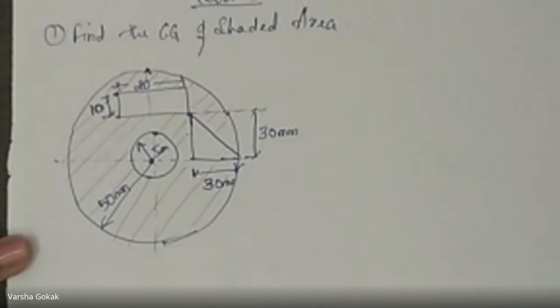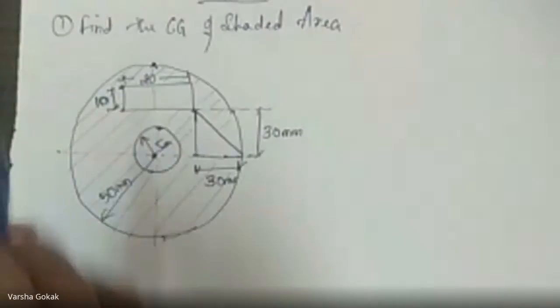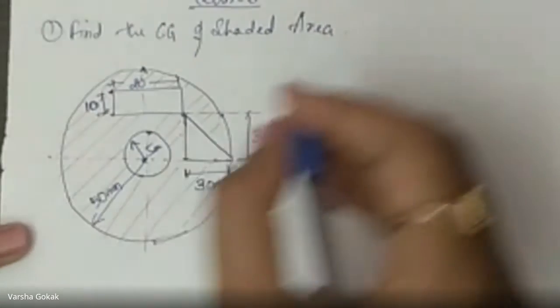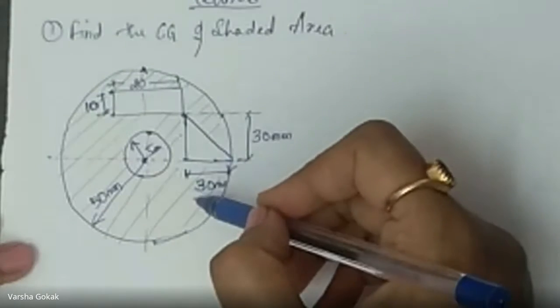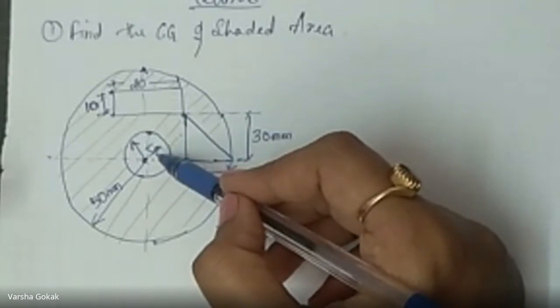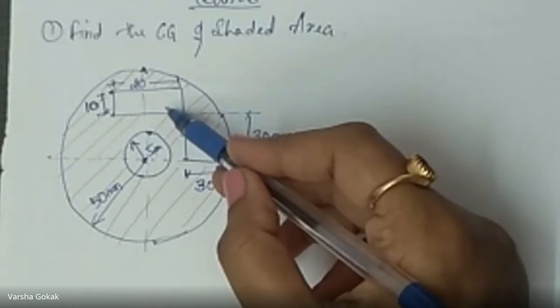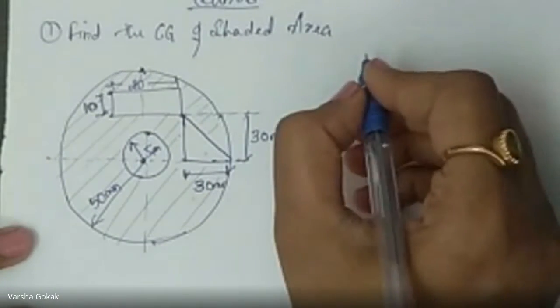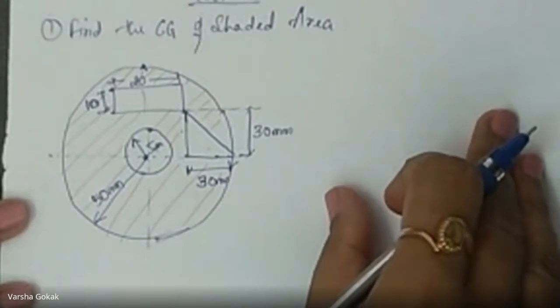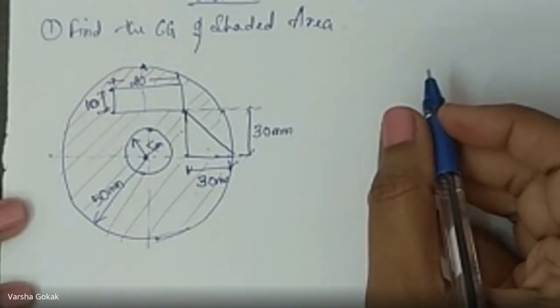Right? So we have to find the CG of this shaded area only. So how many geometrical figures I have over here? 4. That is a circle, small circle, I have a triangle and a rectangle. Okay. Which of these will go into deductions?